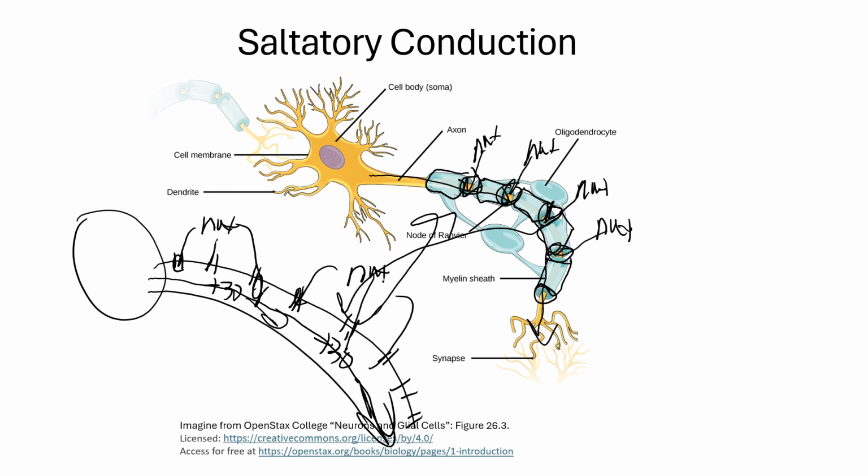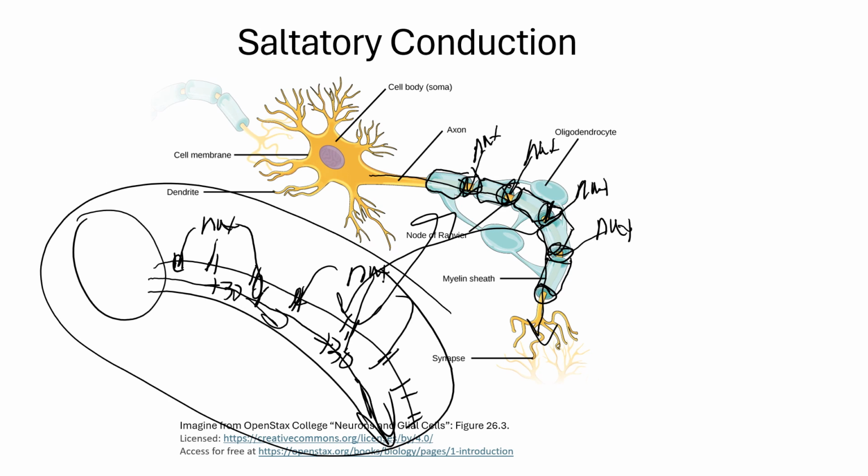So since the voltage only needs to be recharged in very few locations within a myelinated neuron, it can then propagate action potentials at least 100 times faster than a non-myelinated neuron. It's really quite incredible, and that's what this whole process of saltatory conduction allows for. Incredibly fast, high velocity action potentials.